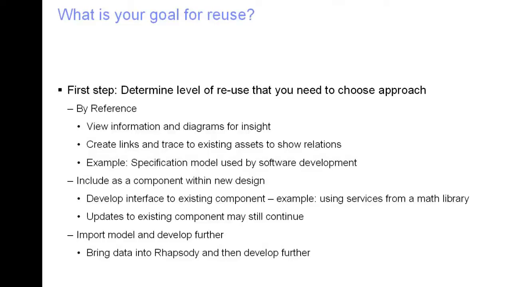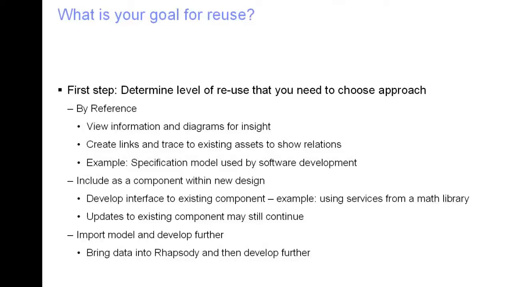You can take your existing models and designs and just use them as reference, meaning that you'll look at them in your design in Rhapsody. You might want to look at existing information to see how things were done to get some more insight. Or you might want to do traceability from a Rhapsody design to that existing design. One example might be systems engineering, where you're handed a model from maybe another tool, and that's your specification.